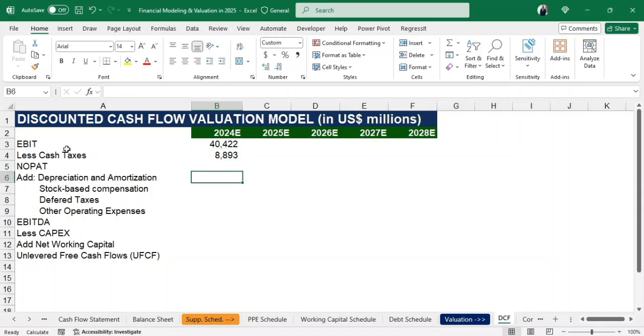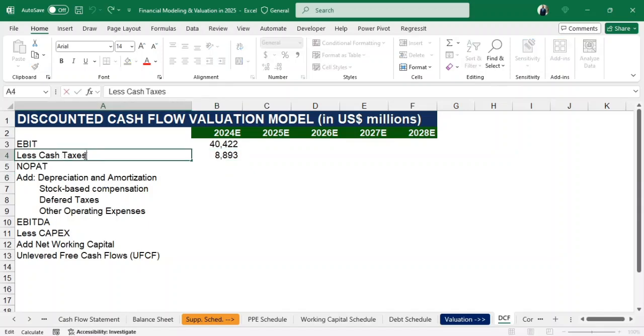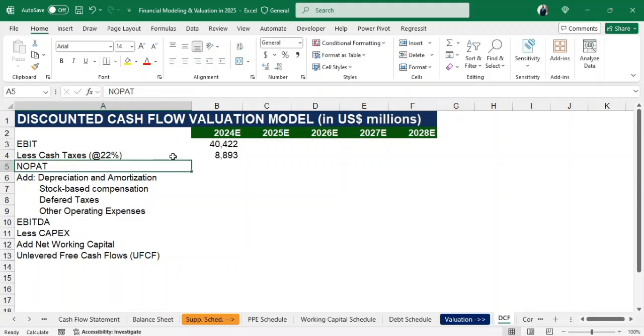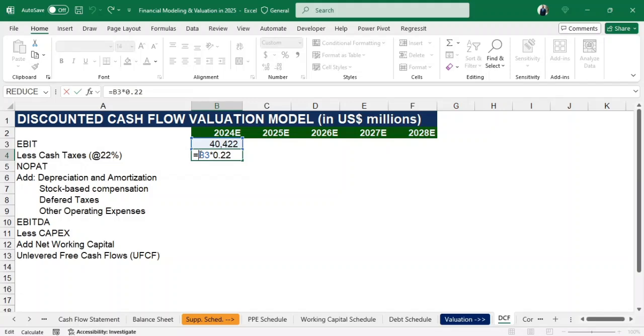Okay, now let's put brackets here. The financial model should always contain as much detail as possible, and it should be presented very clearly. So I'm going to have at 22%, close my parentheses. Okay, so this is a negative figure right there.